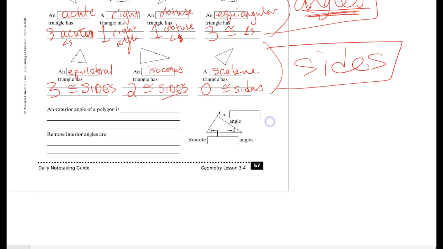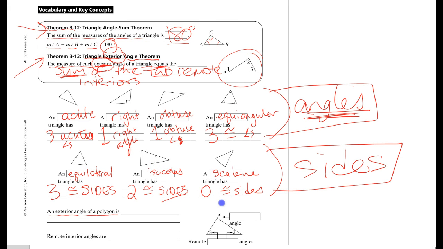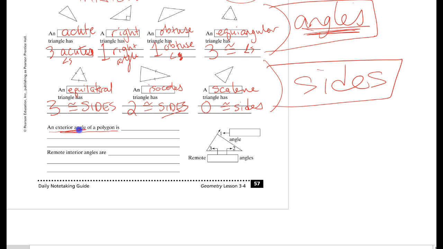And let's keep going. The exterior angle of a polygon is defined by, just like we were talking about up here, the triangle exterior angle. This exterior angle is an angle formed by a side and an extension of an adjacent side.